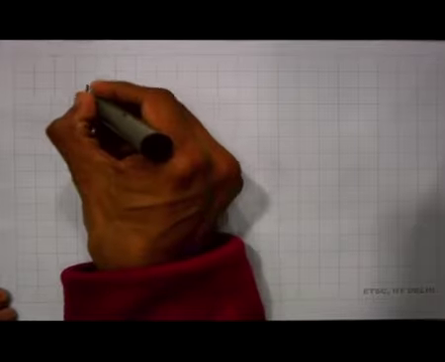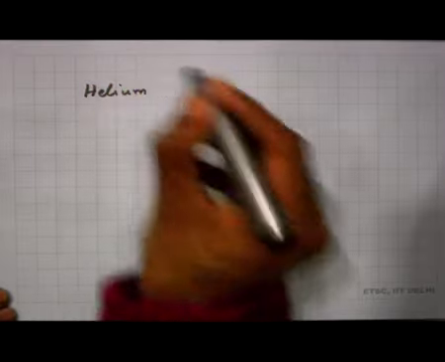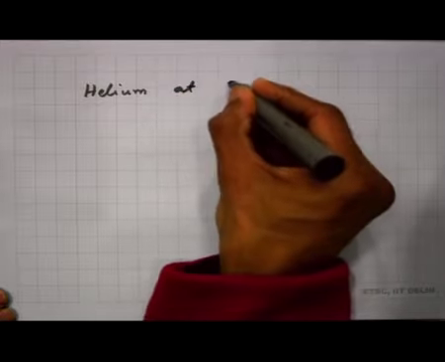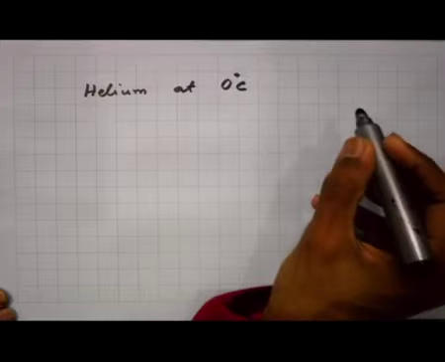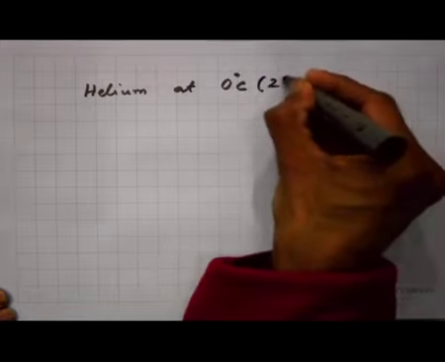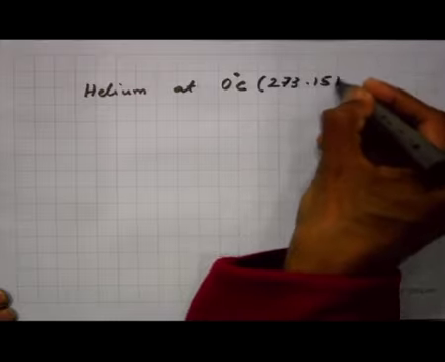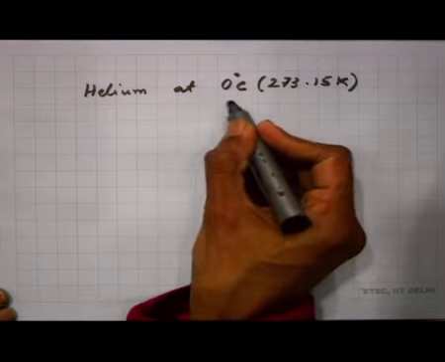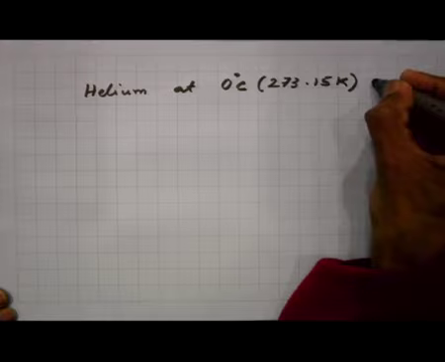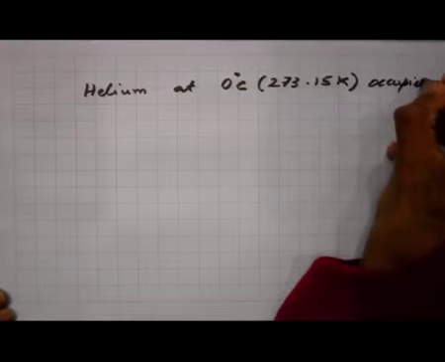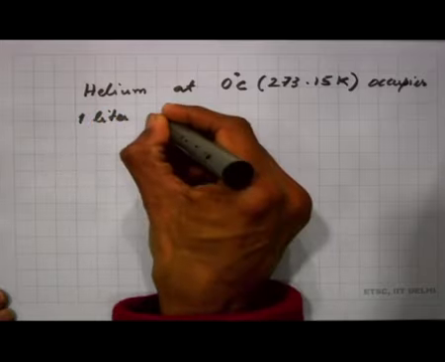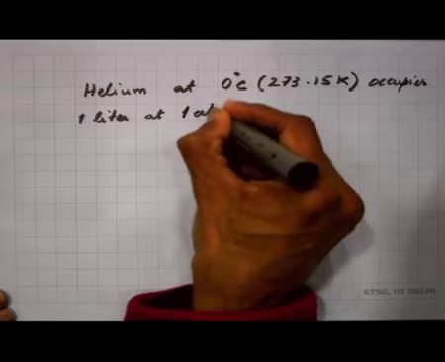So, we take a sample of helium, and we take as much mass of helium such that at 0 degrees Celsius, which is 273.15 Kelvin, it occupies 1 liter at 1 atmosphere pressure.